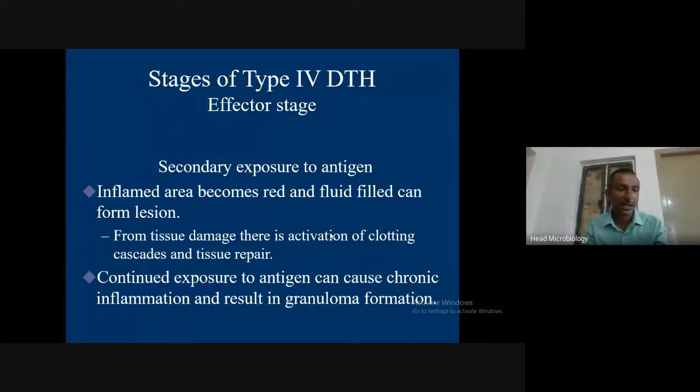Here, like different skin allergen lesions from the tissue damages. There is an activation of the clotting cascade and tissue repair, and continued exposure to the antigen can cause chronic inflammation. Here chronic inflammation means a very severe chronic inflammation.